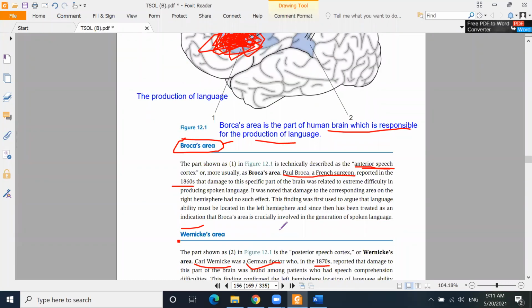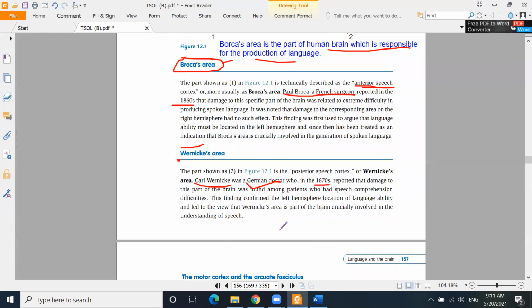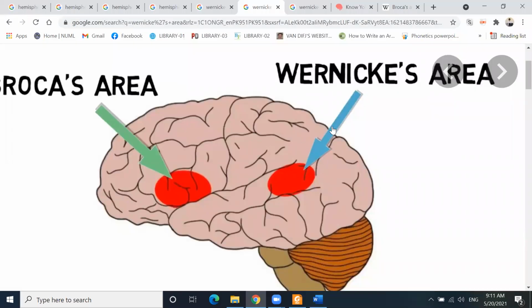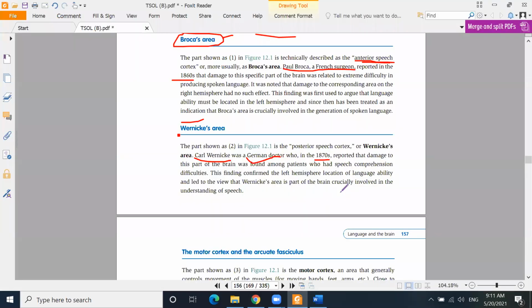When he was diagnosing a patient who had got some damage in this part of the brain, the one with this blue arrow, he came to know that the patient could not comprehend the language properly, right?